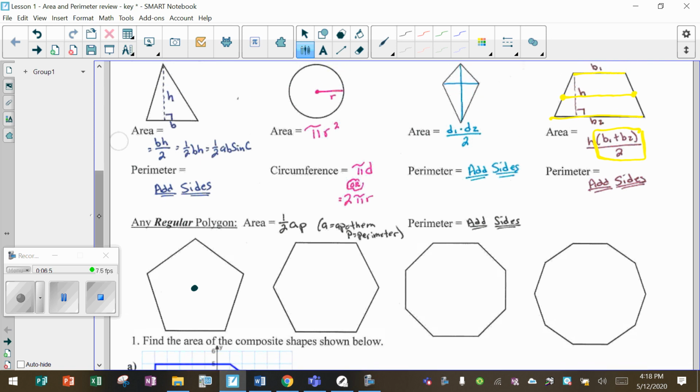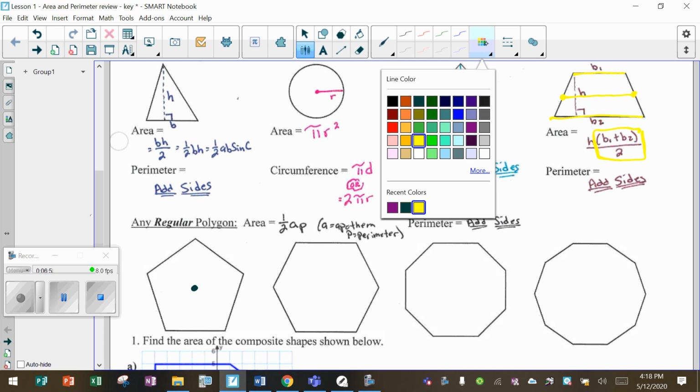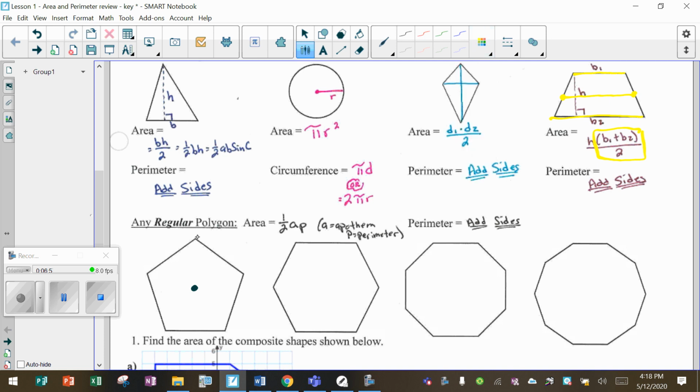If I put a circle around my pentagon or around any one of my regular polygons, the radius would go from the vertex of the shape to the center of the circle. That's the radius. The apothem goes from the center of the shape perpendicular to the side. So it's shorter than the radius.